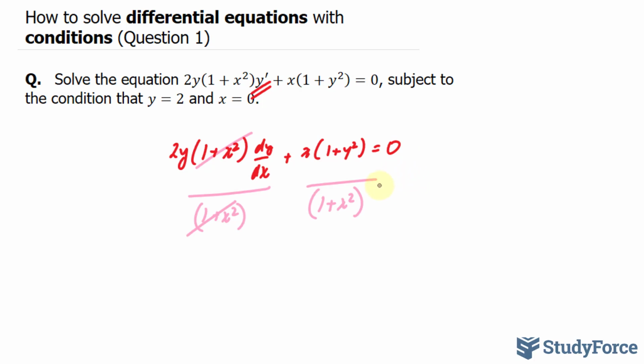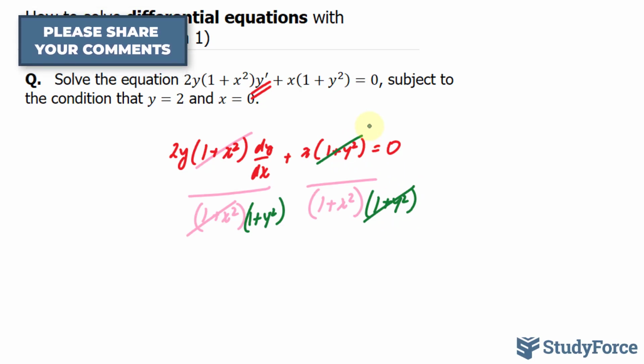Next, I'll divide both sides by 1 + y^2. And look what happens if I do that. I have 1 + y^2, it stays the way it is, and over here the 1 + y^2 cancels out with the expression at the top, and on the right side it's still 0.